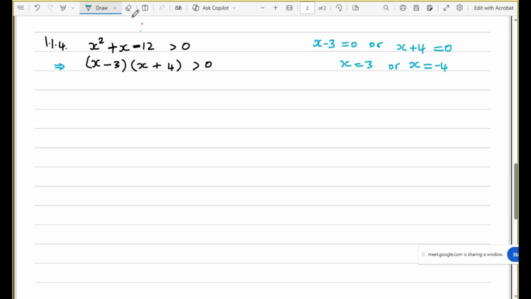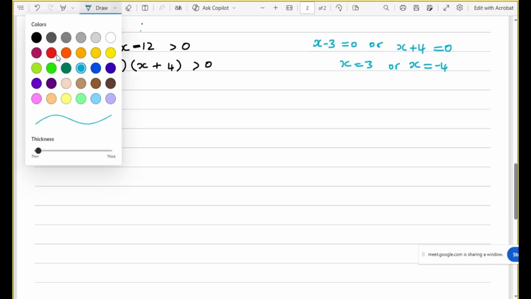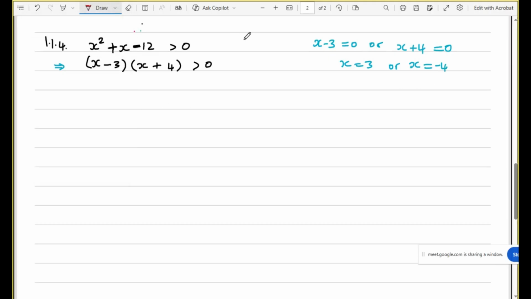Then, when you put it like this, it gives the marker the idea that this learner is not sure which one is the correct answer. This learner is just trying their luck or something. Don't include this.